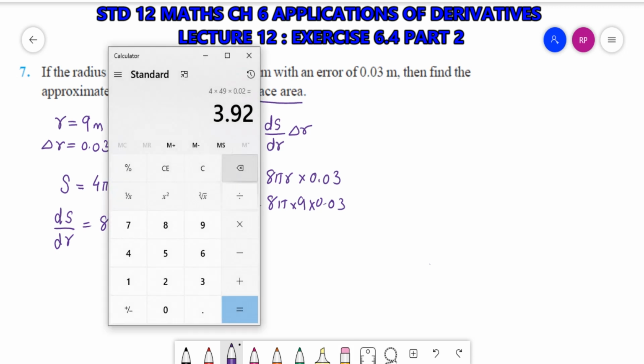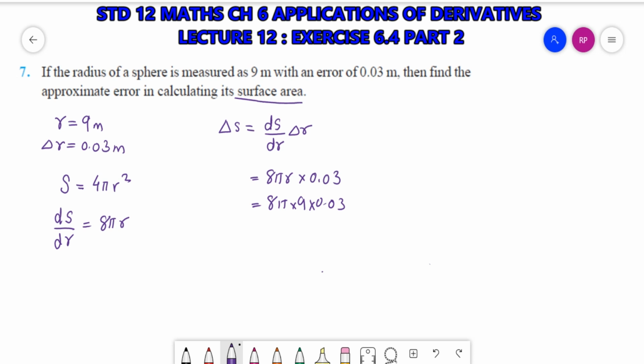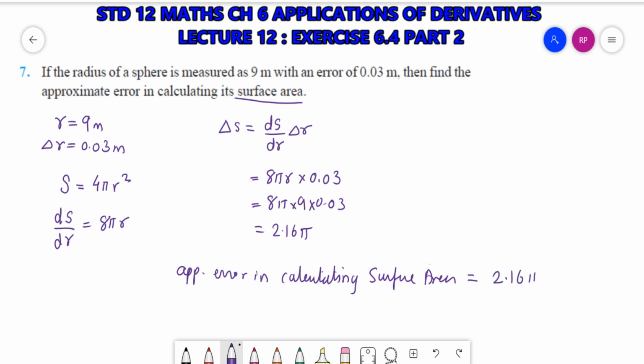Let's calculate now. 8 into 9 into 0.03, that is 2.16 pi. Okay, so the approximate error in calculating surface area is equal to 2.16 pi. This was about question number 7. Just note it down.